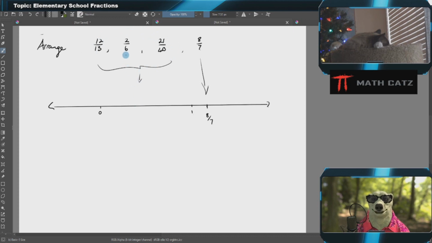Now I can compare this one to an easy fraction that I have, which is 1/3, and I know 1/3 sits over here roughly. I have a significant portion of a whole missing, so it's far away from 1 and closer to 0. Whereas 12/13 is very close to 1, and will sit somewhere over here.